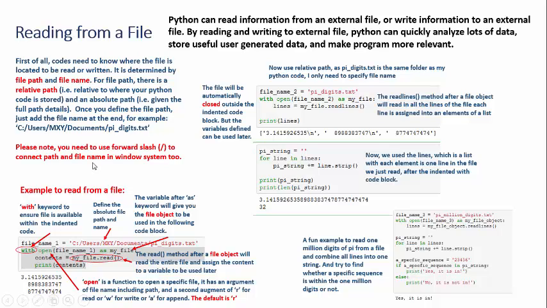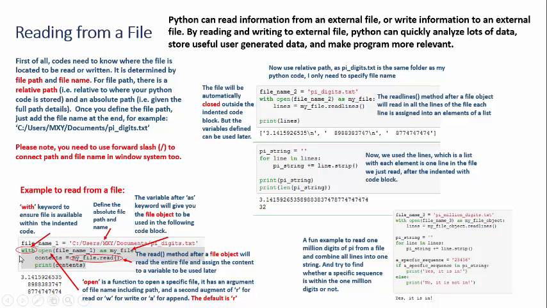Once we know where the files are, how can we read from a file? Here is a very simple example. First, we define the absolute file path and name, and store that information in a variable called file_name_1.